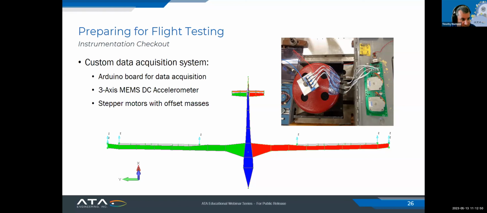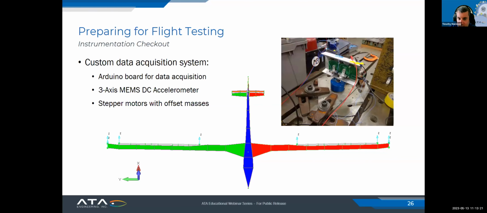And so they actually created this custom data acquisition system where they used an Arduino board for the actual acquisition, just a basic 3-axis MEMS DC accelerometer, and then stepper motors with offset masses. You can see in this picture on the right, we were comparing our reference accelerometer, which is a much higher performance accelerometer, with theirs, just to make sure that it was seeing the same results.